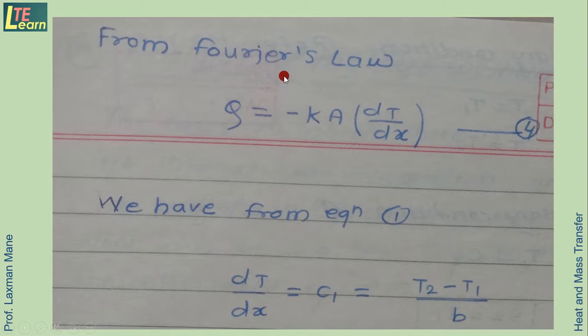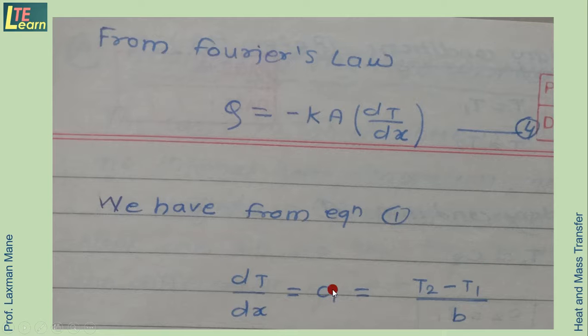Now we know Fourier's law, that is Q is equal to minus K into A into temperature gradient, say equation number 4. Now from equation 1 we know that dT by dx is equal to C1, and the C1 expression we already know.